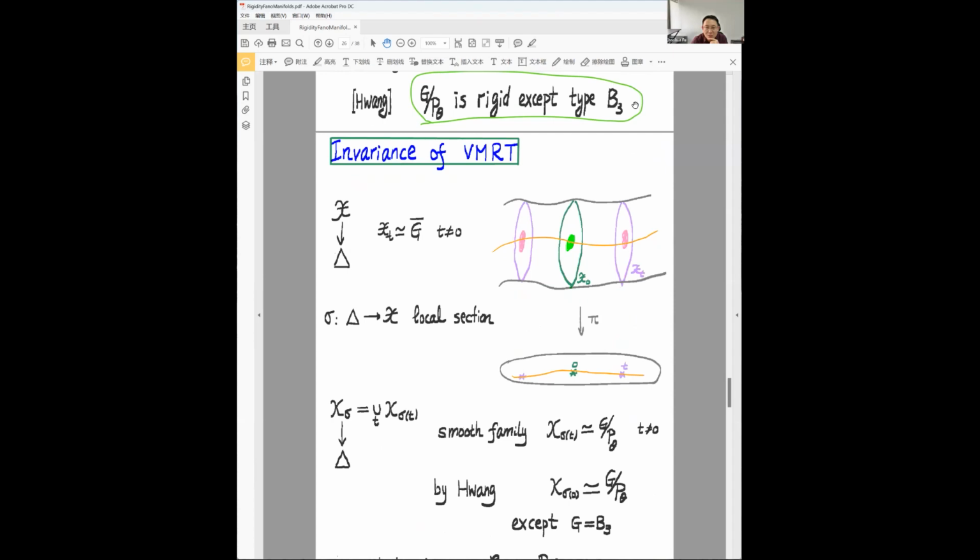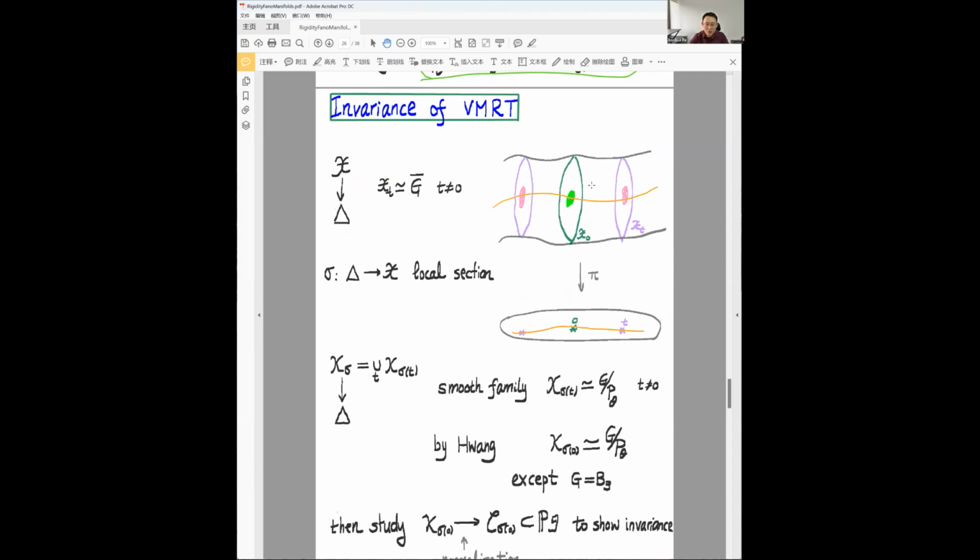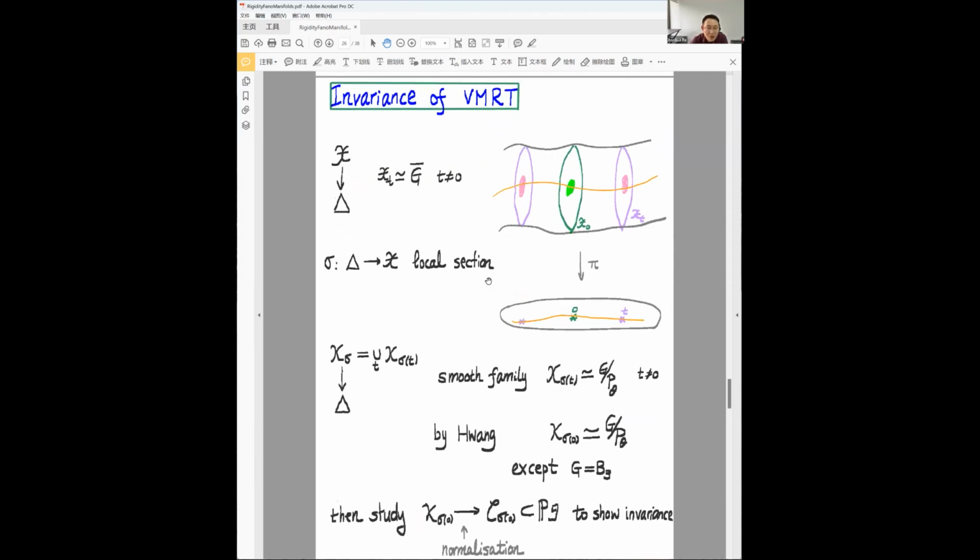As we have seen, this B3 is not rigid under deformation. So in fact, for this B3, we need to do much work. And so the first is again we show the invariance.